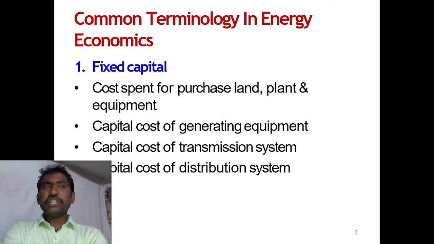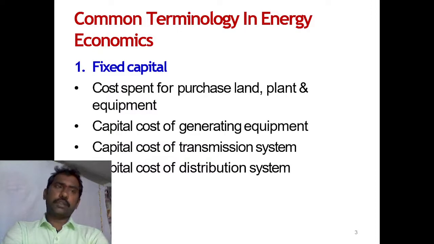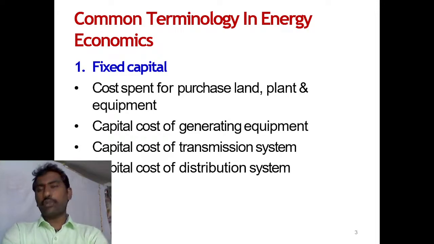Some common terminology in energy economics: the first one is the fixed capital. That means the initial amount put in to run an industry or a project. Initially we put some money into that project, so that money comes under the category of fixed capital. The costs that come under fixed capital are the cost spent for the purchase of land, plant, and equipment, and the capital cost of the generating equipment, transmission equipment, and distribution equipment.